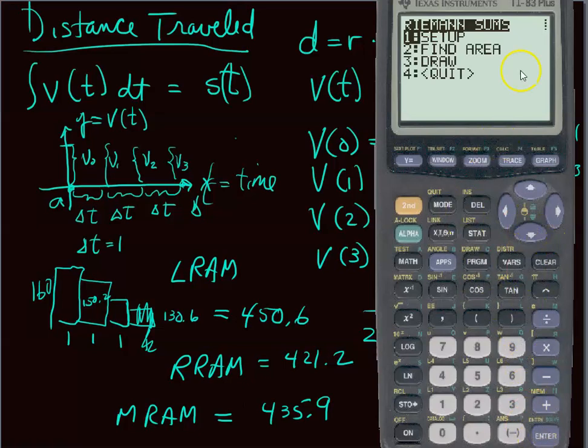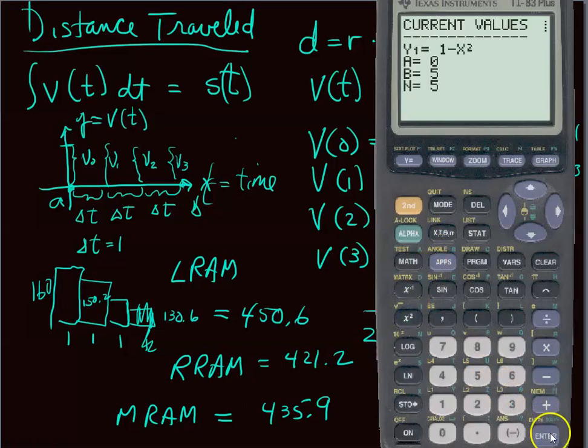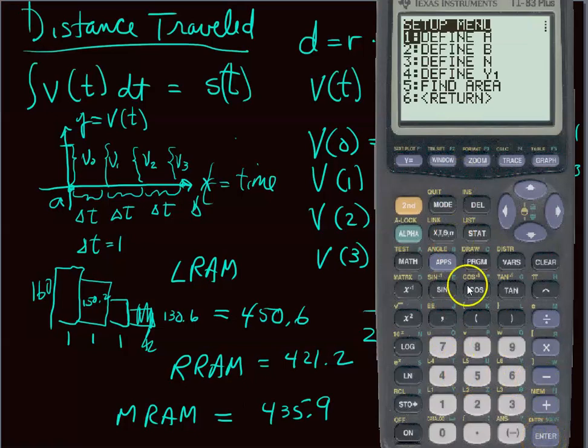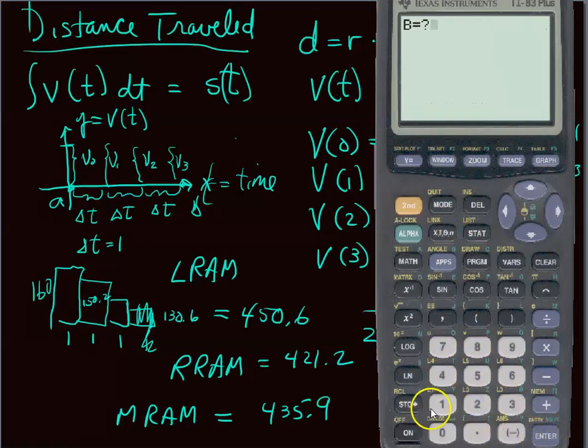Anyway, setup. If you go to the setup, you can enter the function. So I want to define the function, number 4, no quotes. So I want that 1 minus x squared. Now it shows you this again. I want to go from 0 to 1, so I want to redefine b, number 2, so it's just a 1.